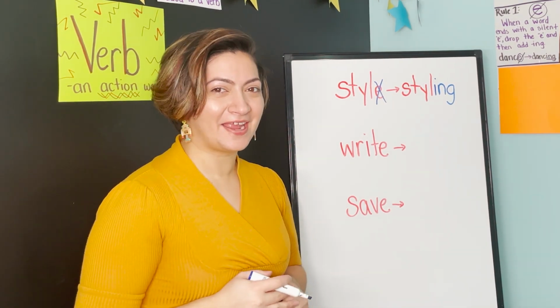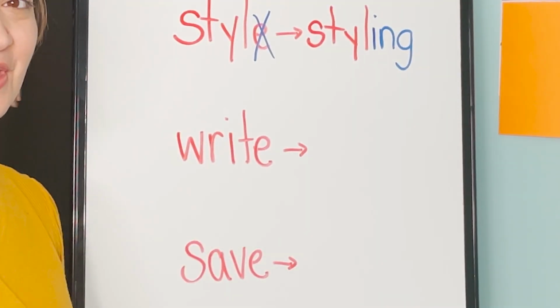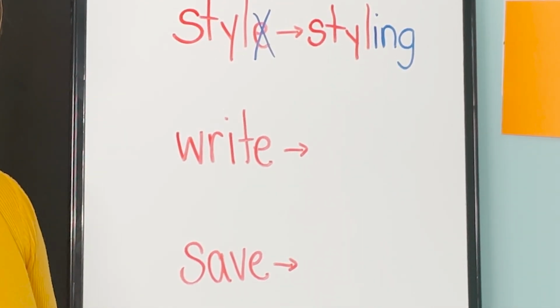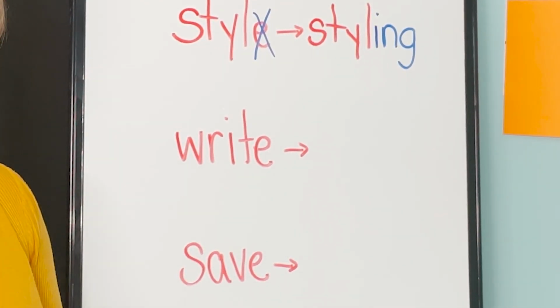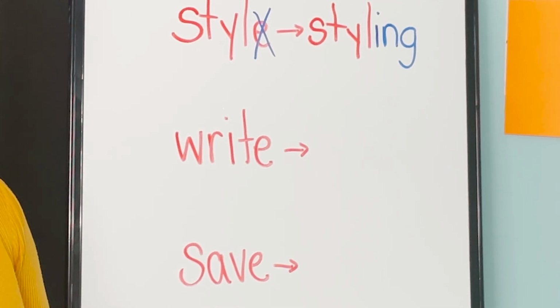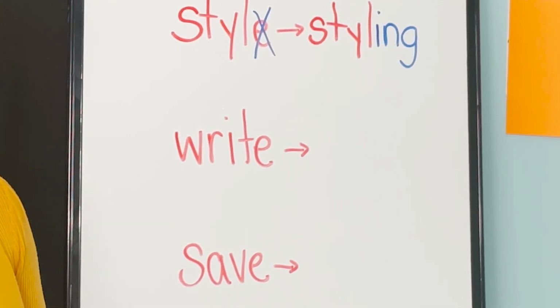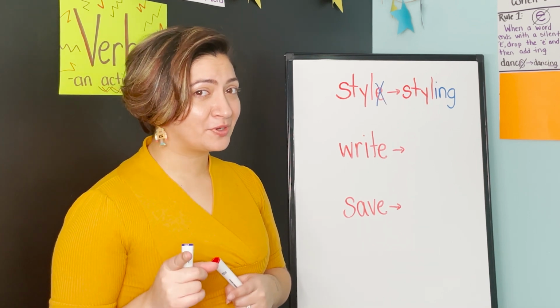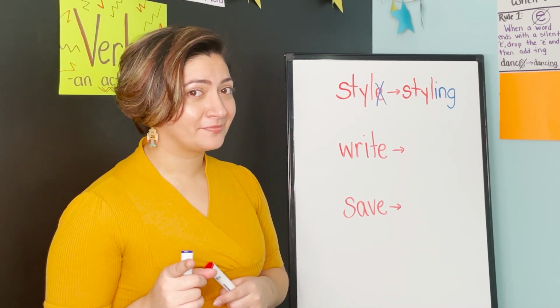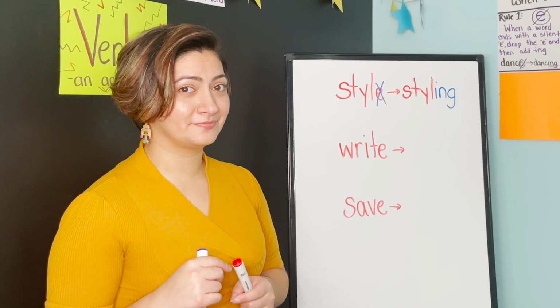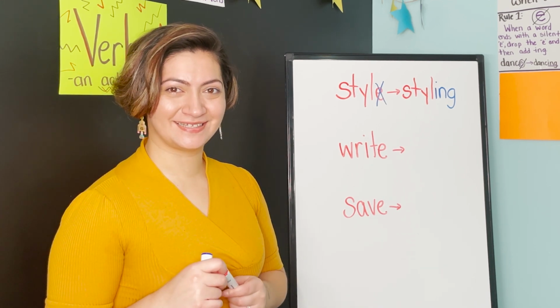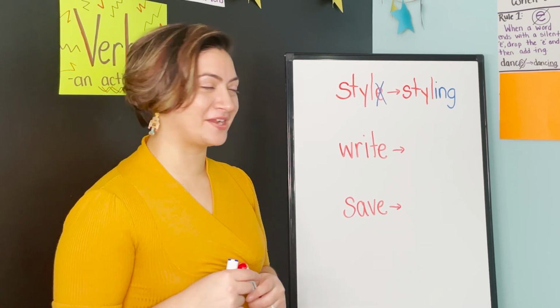Nice work. All right, here's one for you to do on your own. Go ahead. The word is write. Go ahead and write the word write. And then let's change it to writing. Look at what the word ends with. So what are you going to do? Nice. All right, let's check your work.